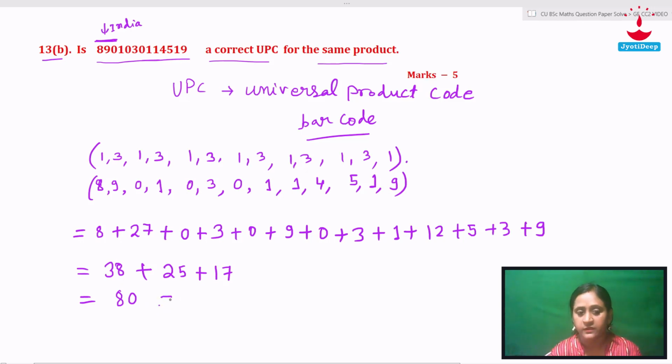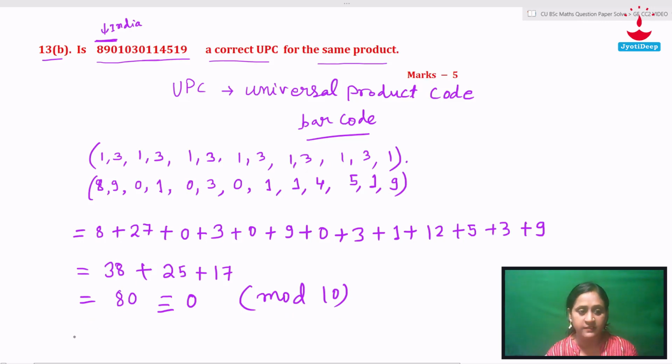Okay, this is congruent to 0 under mod 10. Okay, so if the remainder is 0 under mod 10, it's a correct UPC.